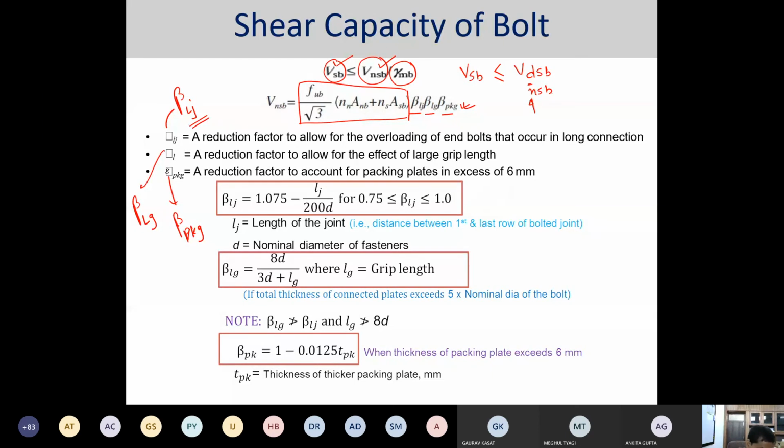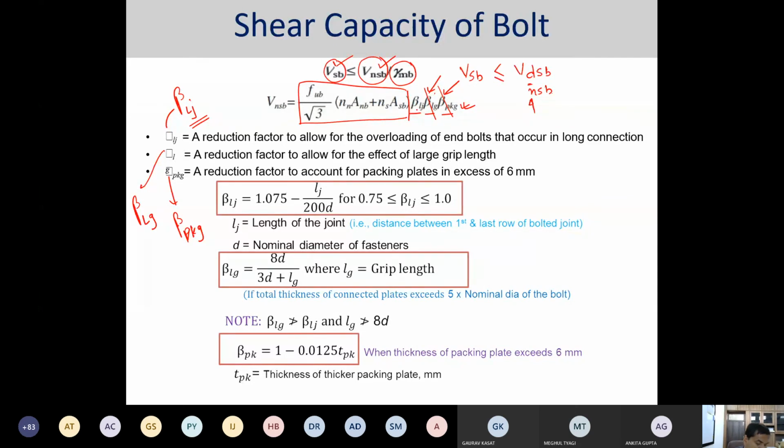For the long joint, if you do not have any other factor, then this one is to be unity over here. If you do not have larger grip length and larger packing, then you can simply ignore these two.